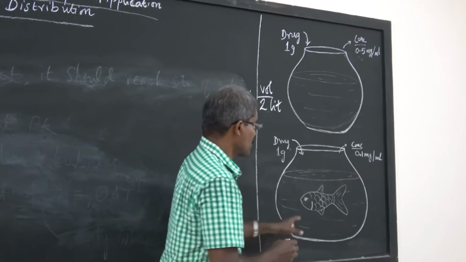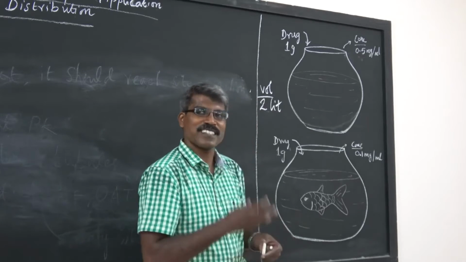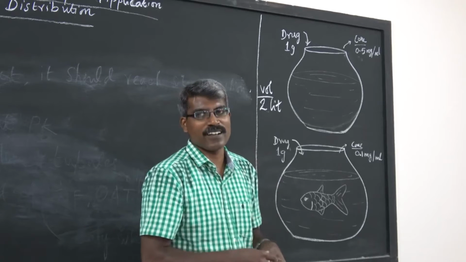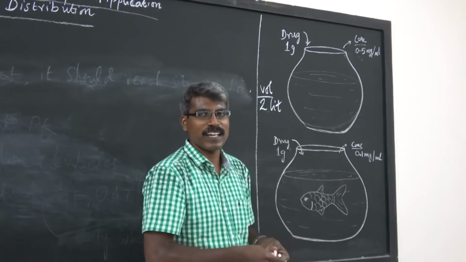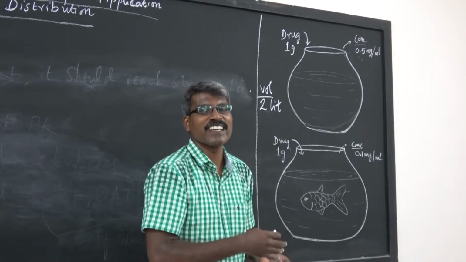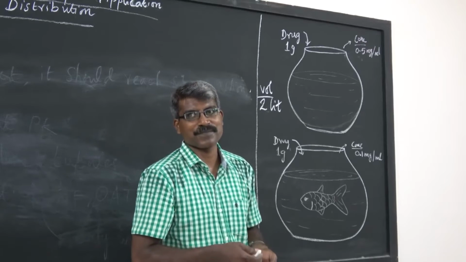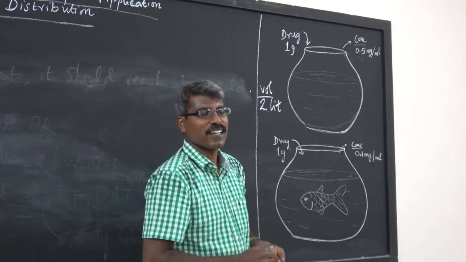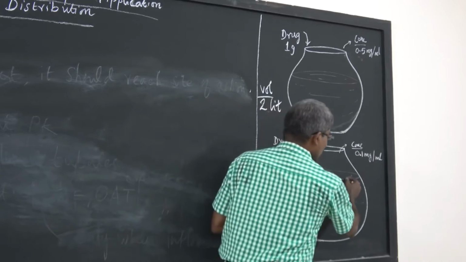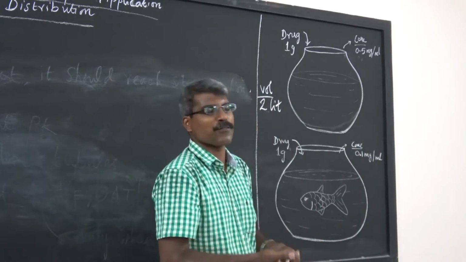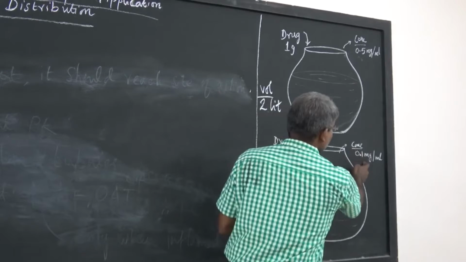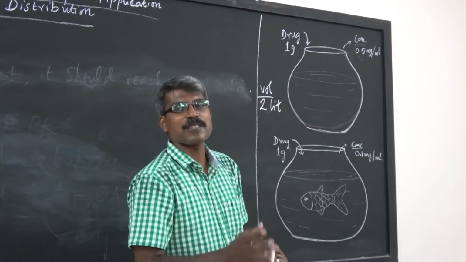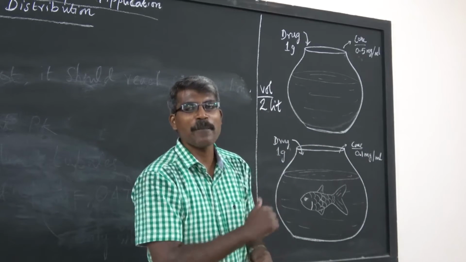Now what this fish does is, it eats up some amount of drug, but I don't know that there is a fish or that it eats up some drug. Now again I take a small amount of water from it and measure the concentration. Now it comes to 0.1 milligram per ml.